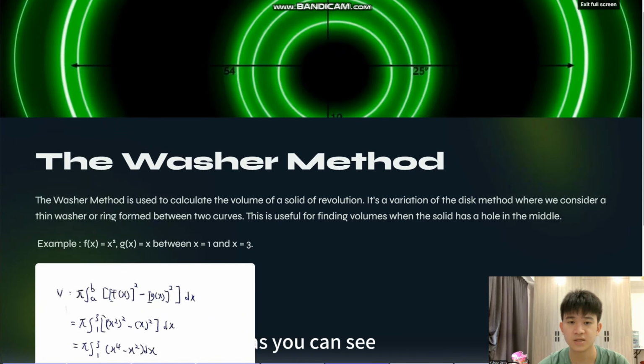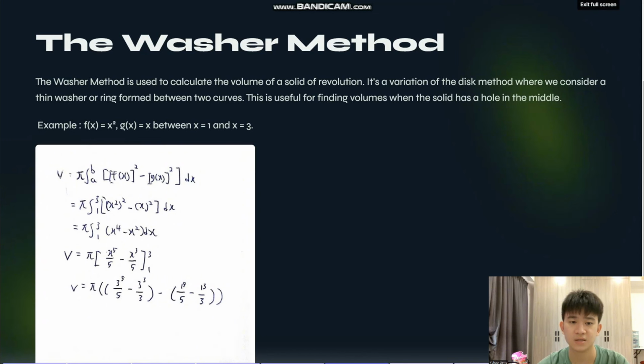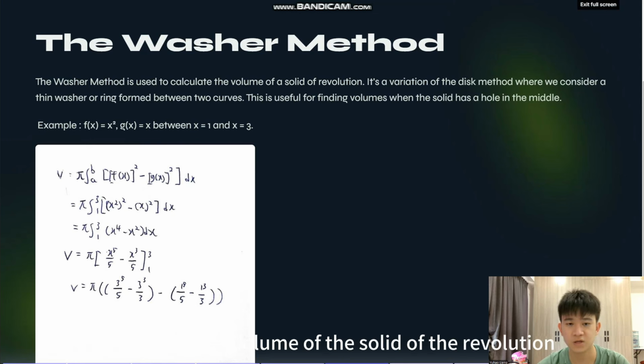As you can see, the volume is equal to pi times the integration of the square of function f(x) minus the square of function g(x). After finishing the calculation by evaluating this, we can obtain the volume of the solid of revolution.